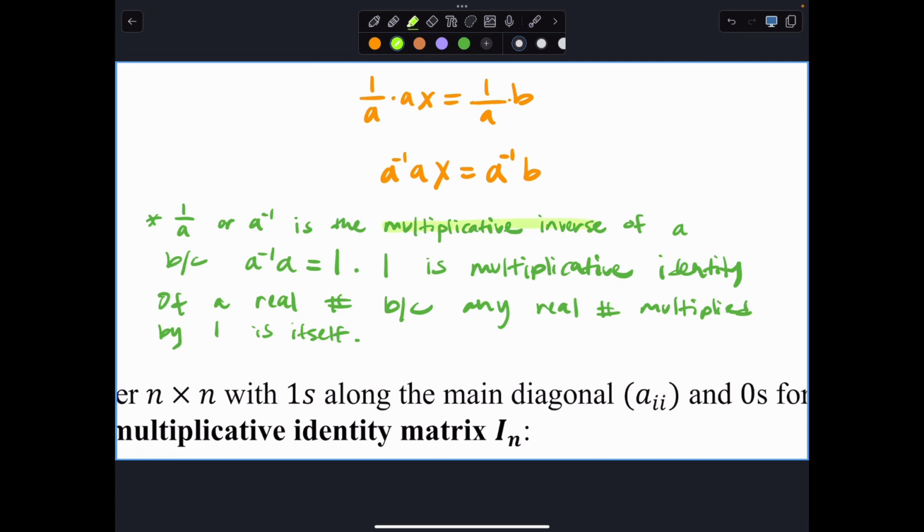Okay, so a to the negative first, or we can call that a inverse, is the multiplicative inverse of a, and 1 is the multiplicative identity of any real number.